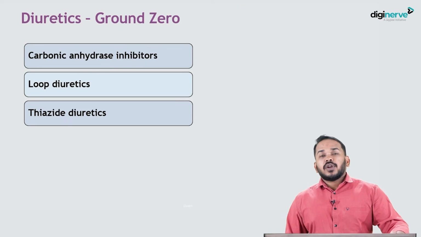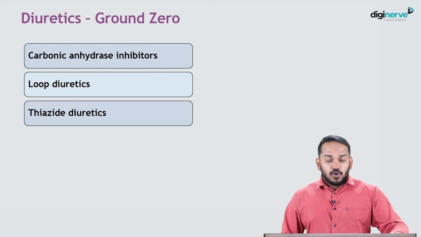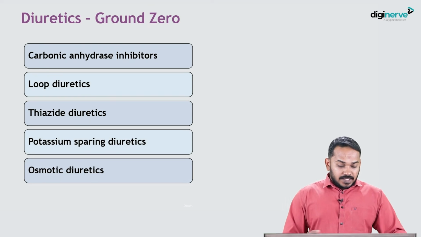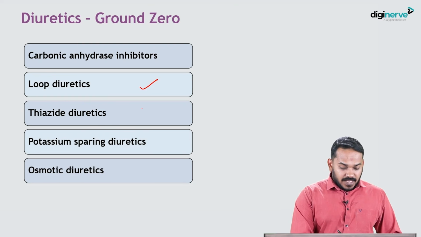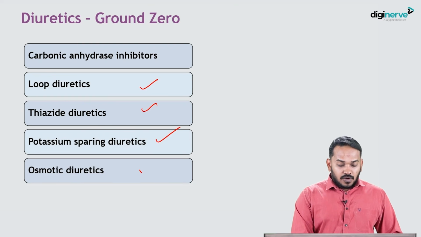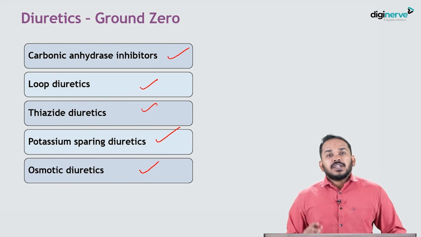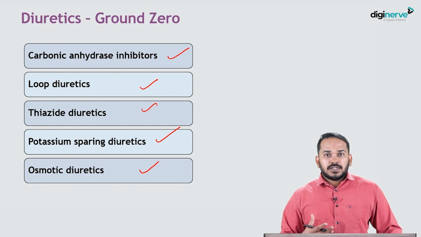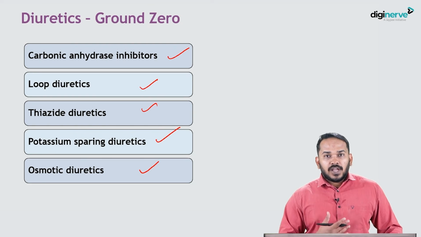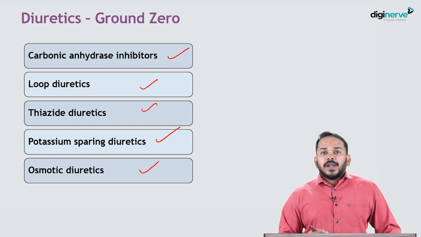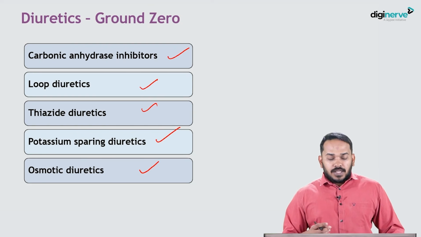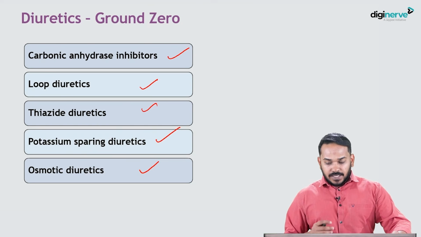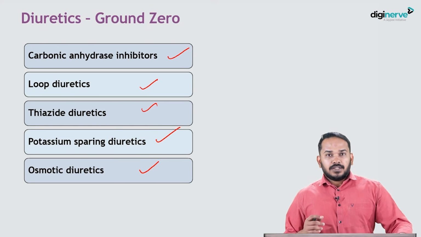They are carbonic anhydrase inhibitors, loop diuretics, thiazide diuretics, potassium sparing diuretics, and osmotic diuretics. So these are the 5 groups of diuretics.